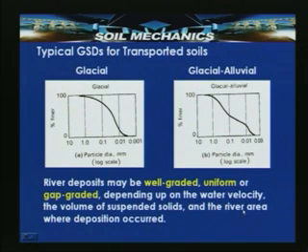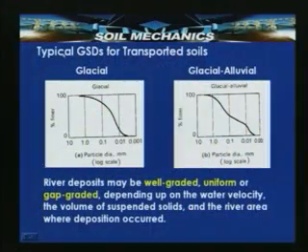As you can see, from glacial to glacial alluvial, the particle size distribution of the soil is changing. This is also a typical example of the grain size distribution curve for transported soils.